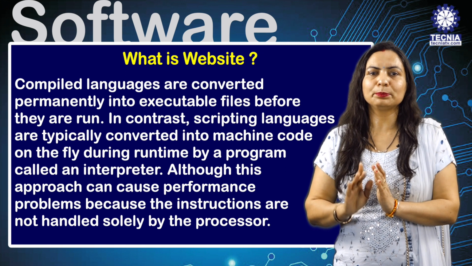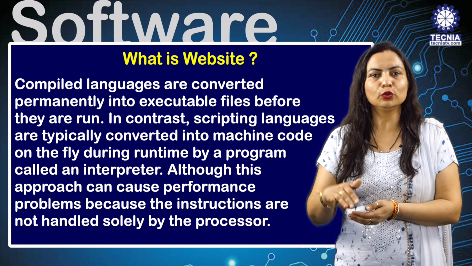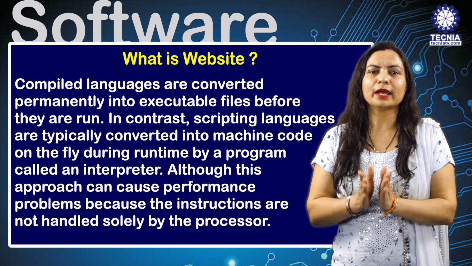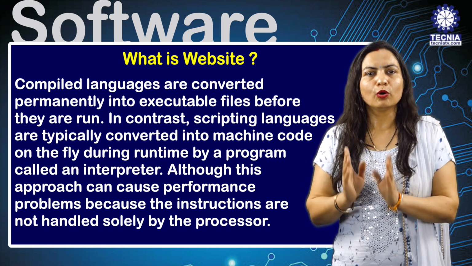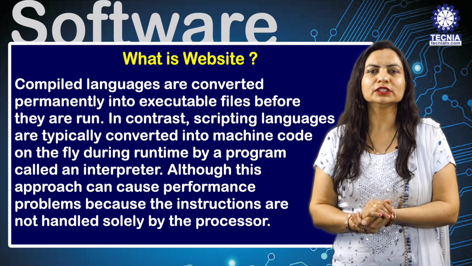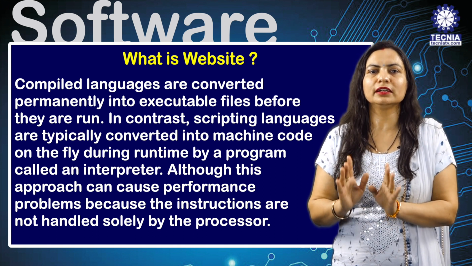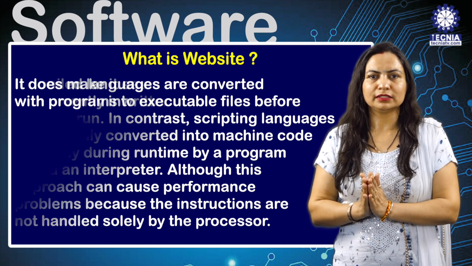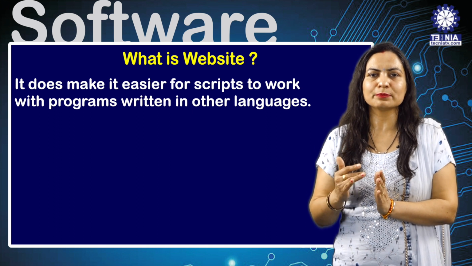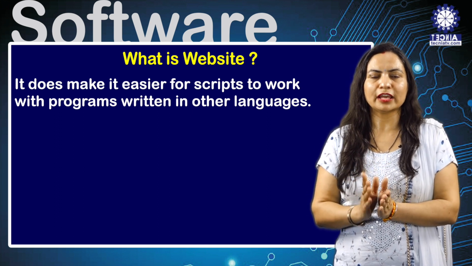In contrast, scripting languages are typically converted into machine code on the fly during runtime by a program called an interpreter. Although this approach can cause performance problems because the instructions are not handled solely by the processor, it does make it easier for scripts to work with programs written in other languages.